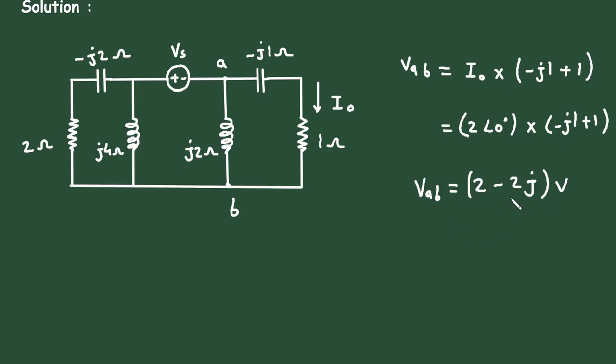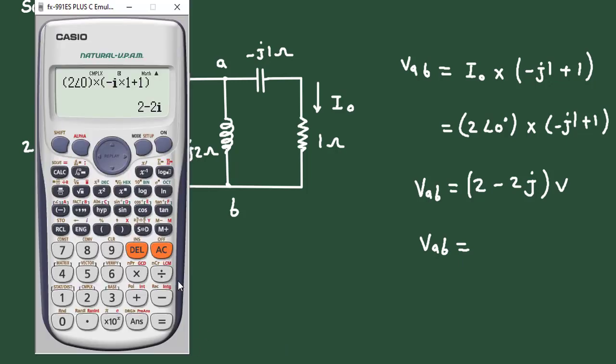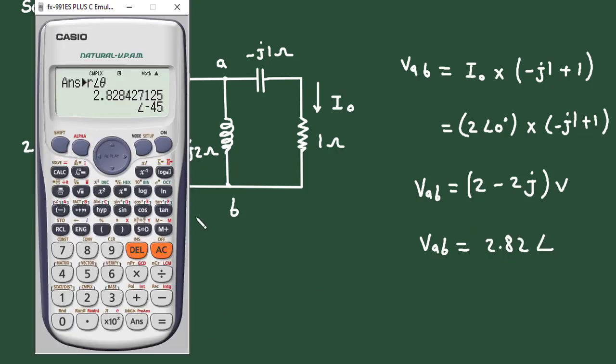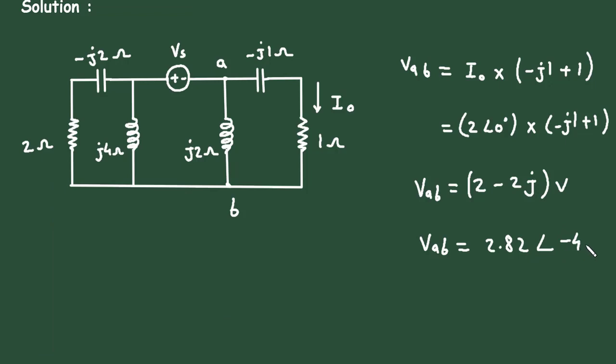We can convert this rectangular form to polar form. Shift, then 2, then 3. It is 2.82 at an angle minus 45 degree, and its unit will be volts. So this is the value of VAB.